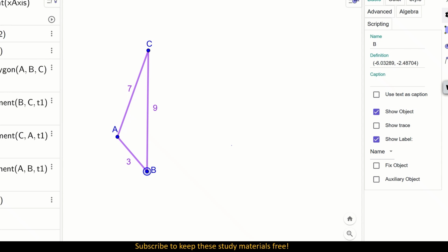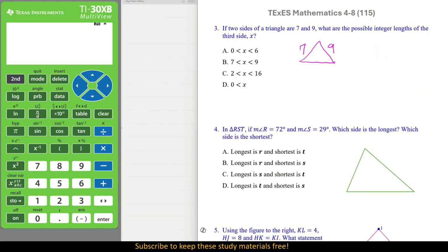So let's go back and look for our answer. Now we can look at our options. We know that something just greater than 0 won't work as a minimum, and the max has to be less than 16. So no, B's not valid, because as we moved the triangle around, that third side could be 3, 4, 5.